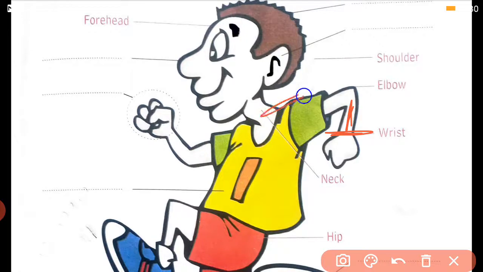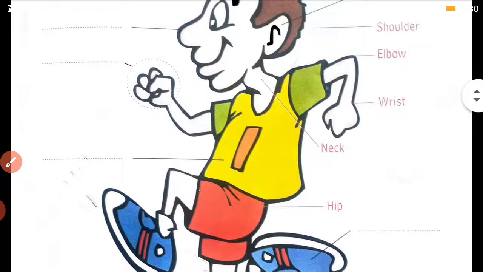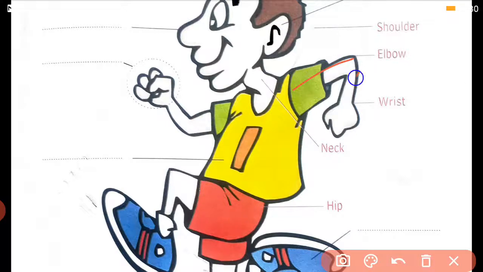At the shoulders. The whole of the hand is joined at the shoulder. कंधे पे हमारा हाथ पूरे body से जुड़ा हुआ है. Alright. So hand is having two parts. The upper hand is having two parts, the upper and the lower part joined at the elbow. The lower part of the hand is joined with the wrist to the palm, and whole of the hand is joined to the body at the shoulder.